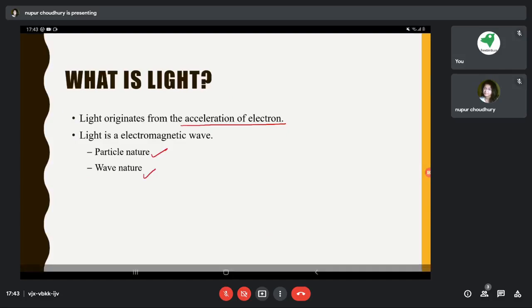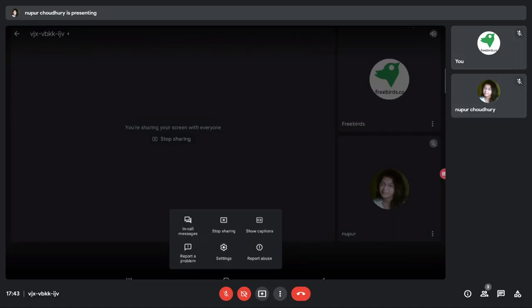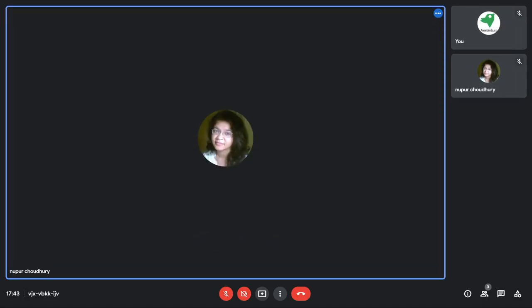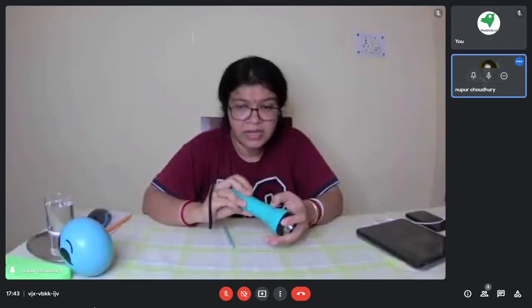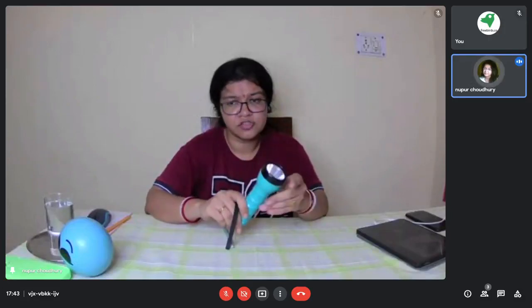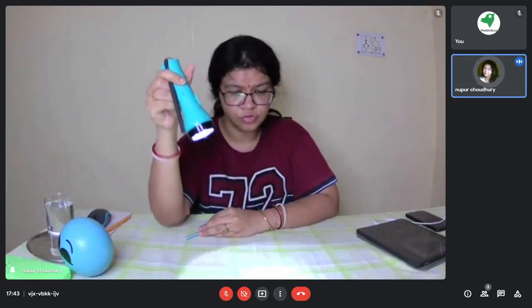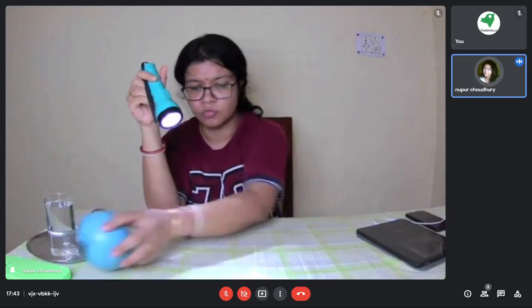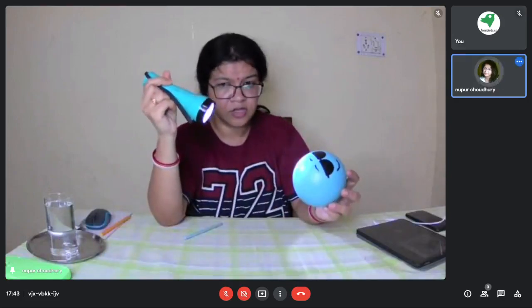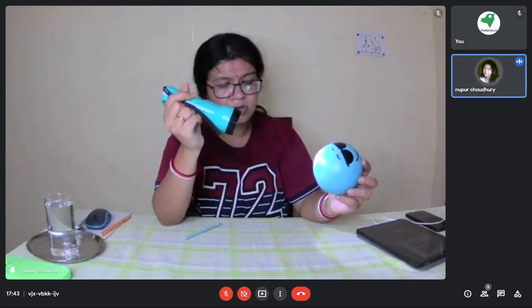Now I have a torch, and I just switched it on, and I'm trying to focus it onto a particular object. So let's say light from the torch is falling onto this particular ball.